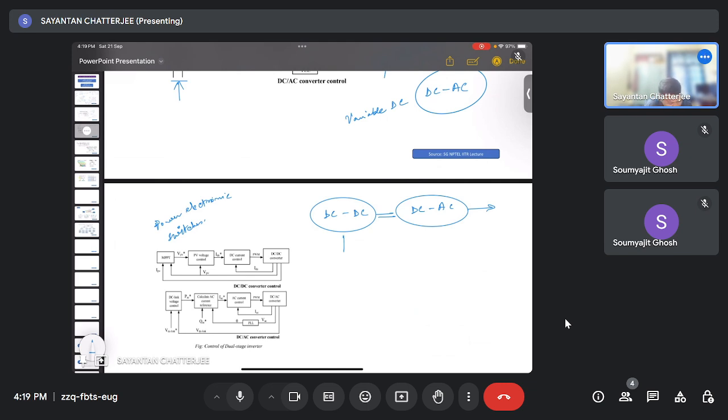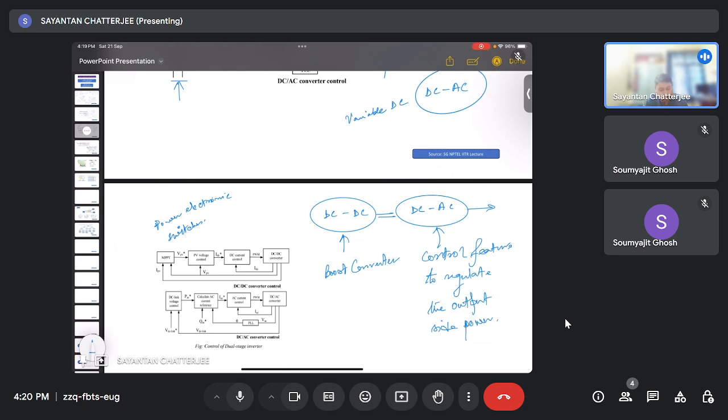The DC stage mainly acts as a boost converter stage, and here it has the control feature to regulate the output side power.